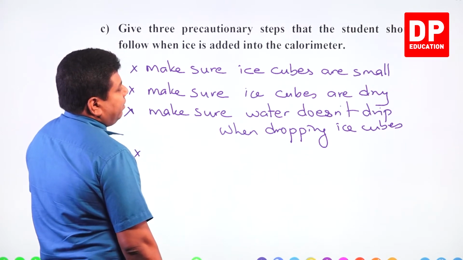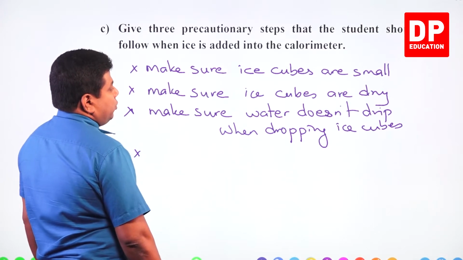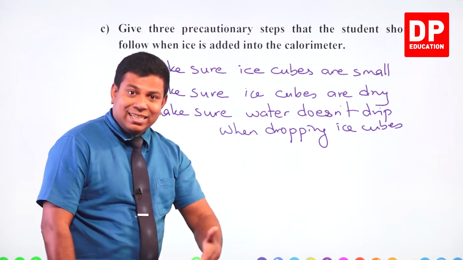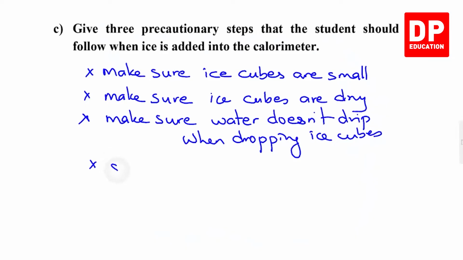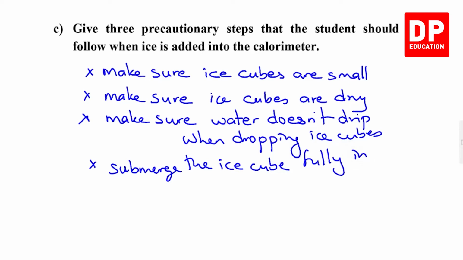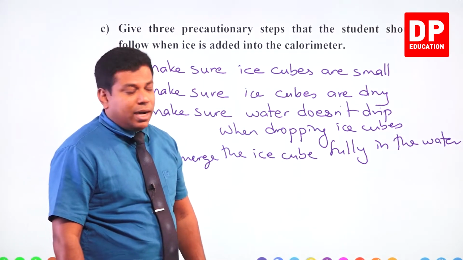Those are the 3 you can say. Maybe another one you can say: make sure you submerge it completely. They asked for only 3. Fully in the water. So you can write any 3 of that, you will get marks.